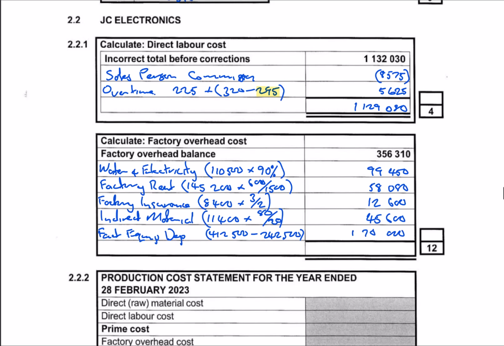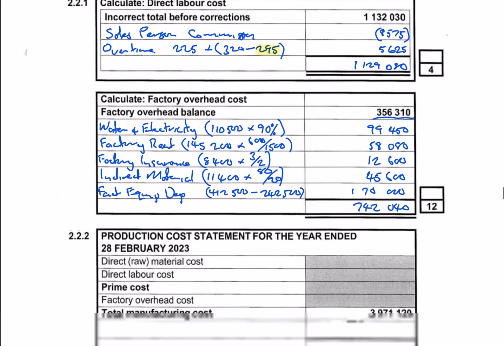Right, so the total, that would be 170,000 plus 45,600 plus 12,600 plus 58,080 plus 99,450 plus 356,310. Please don't forget to add this one here. So the total will be 742,040. Right, that will be your answer there.